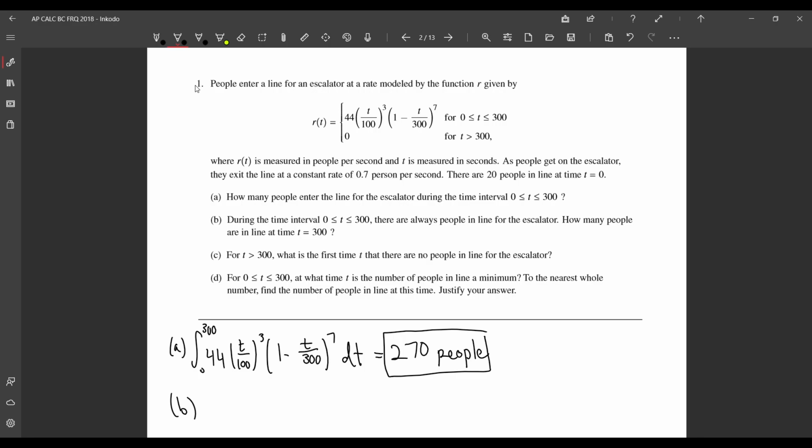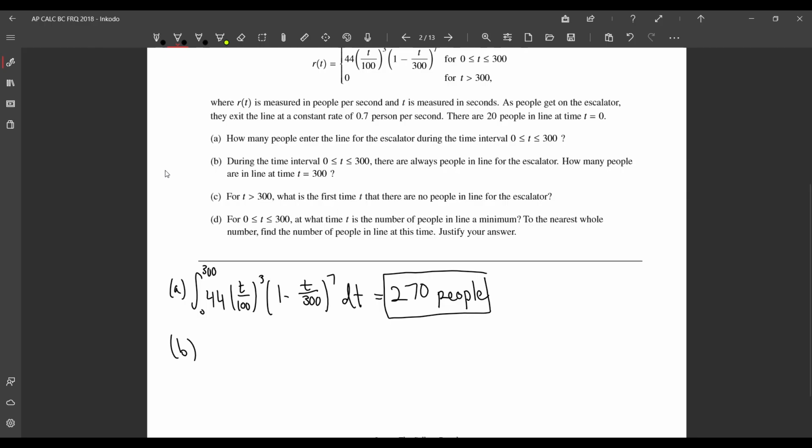Now it says there are always people in line. How many people are in line at t equals 300? People are exiting at a rate of 0.7 person per second, meaning that we would have 20 initial plus 270 people join, and then minus 0.7 times 300.